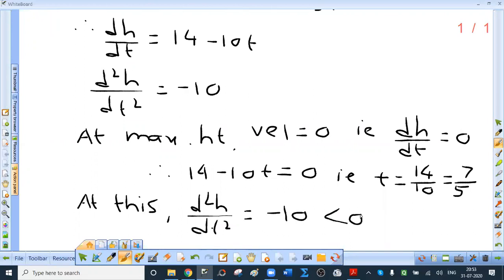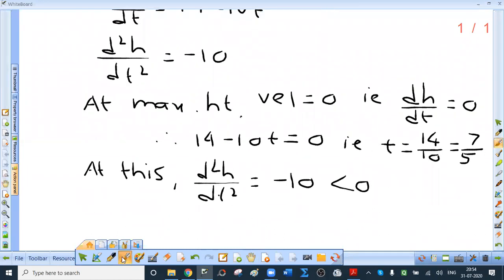So by second derivative test, function has local maximum at t equal to what? 7 by 5. Now what is asked? Find the maximum height the ball can reach. So we are asked to find actually value of the function at t equal to 7 by 5. So find out.